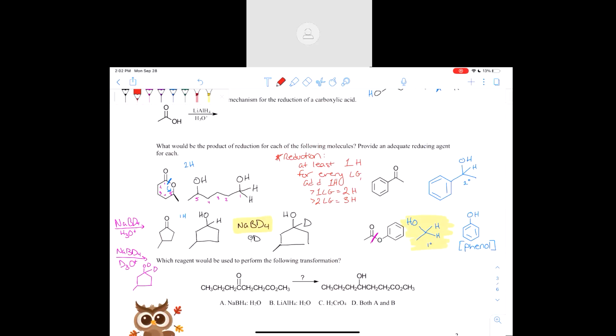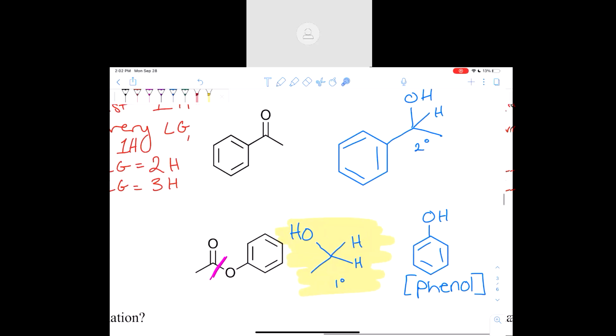So what I was saying is that, for example, why this benzene ring was a leaving group and this one was not is because this one is directly attached to the carbonyl, and it's a carbon-carbon bond, which we're never going to break. Versus in the second example, there's an oxygen in between. So we're actually breaking a C-O bond, not a C-C bond.